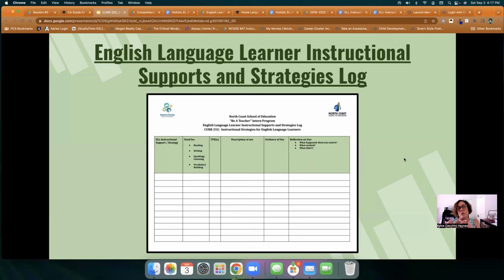There's a lot of crossover there with English language learners, supporting their language development and supporting students with learning disabilities. Okay. So this particular log is something you'll be doing over the next few weeks. It will be due the last class. All right. And I'm going to go into some detail about exactly what you are supposed to do here.